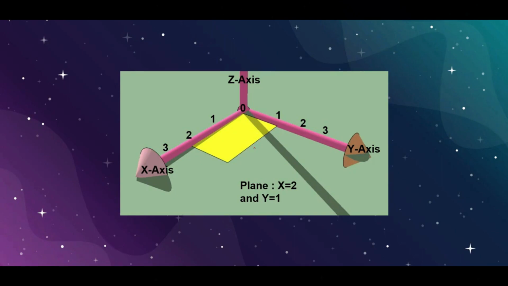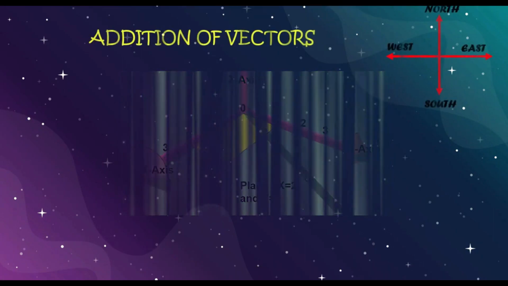If it is a simple plane, two axes are enough to represent it in mathematical form. So on y-axis it is moving to 1, on x-axis it is moving to 2. So x is equal to 2 and y is equal to 1 in this case.